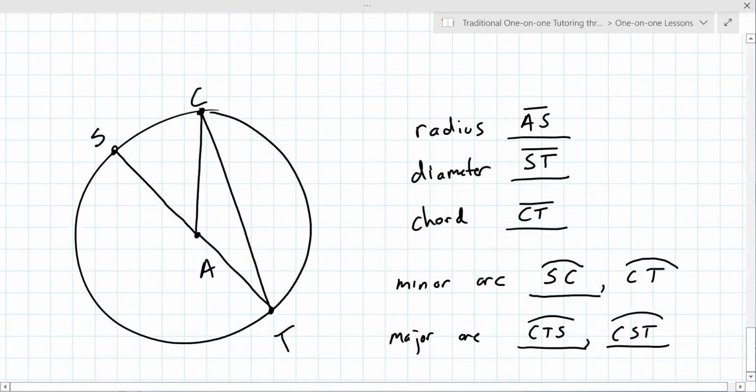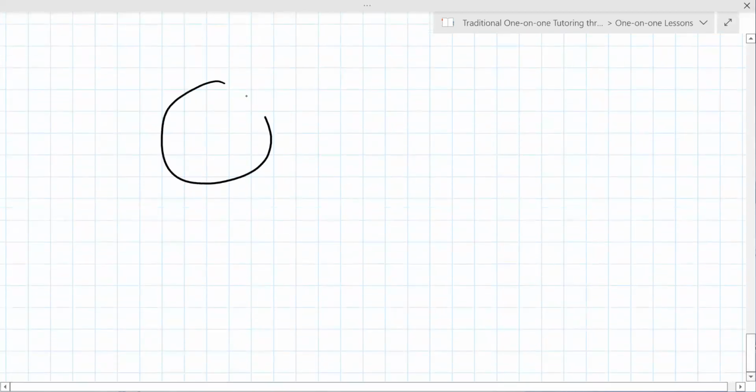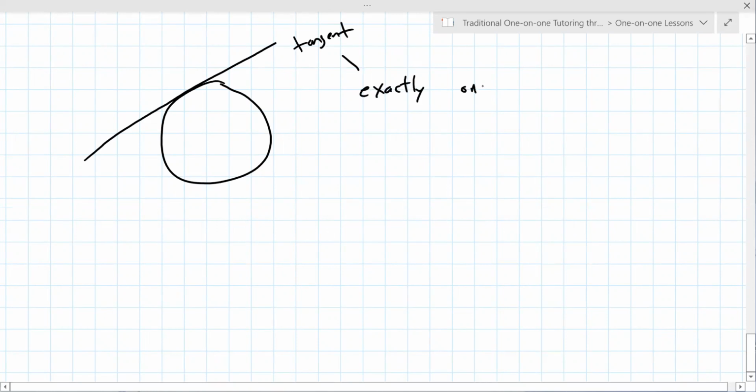That's interesting. Okay, the one last thing to talk about here, here's a circle. This is a tangent line. A tangent line hits the circle exactly once. You can think of it as touching or bouncing.